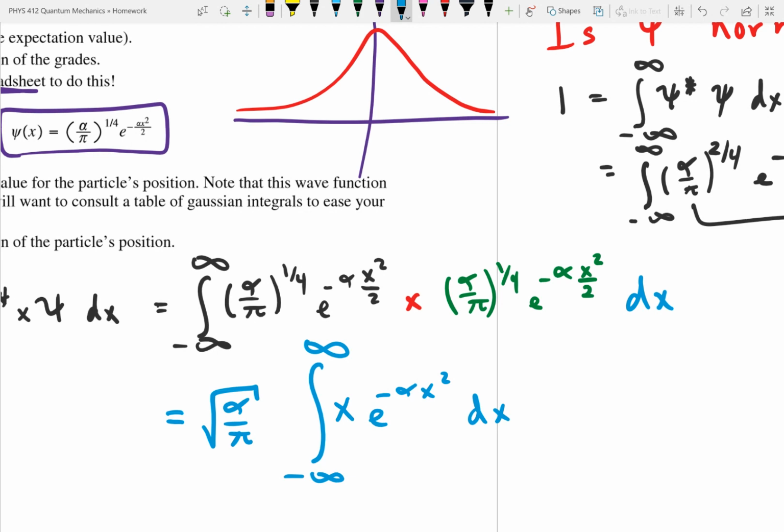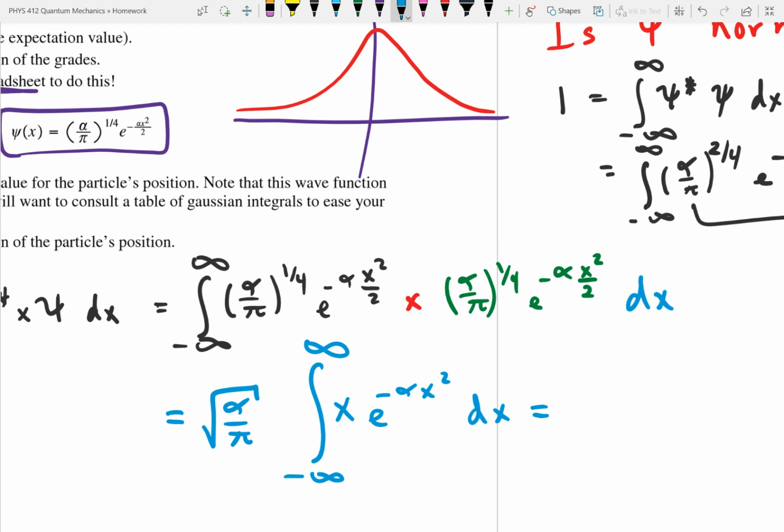We have the integral of x e to the minus alpha x squared dx. Who can give me the answer to that integral? You don't need to remember the table.